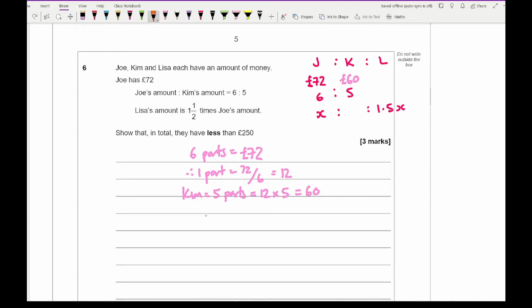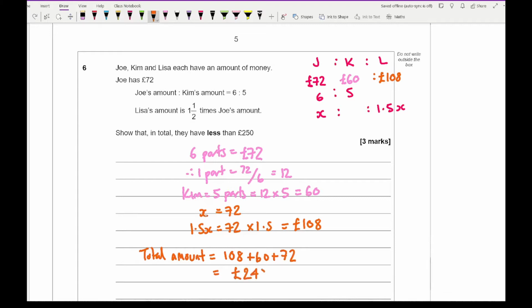Then if I know that x equals £72, then 1.5x is going to be 72 times 1.5, and that gives me an answer of 108. So then all that's left to do is to work out the total amount. The total amount is going to be 108 plus 60 plus 72, and that comes up to a total of 240, which is less than 250.